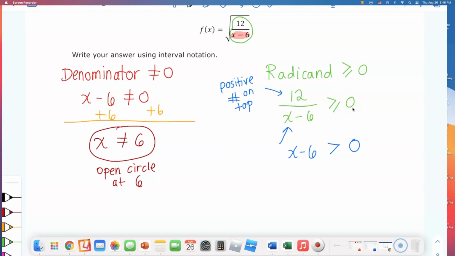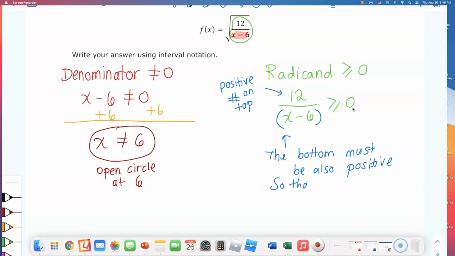So the bottom must also be positive, so that we have positive 12 divided by some other positive number being greater than 0.